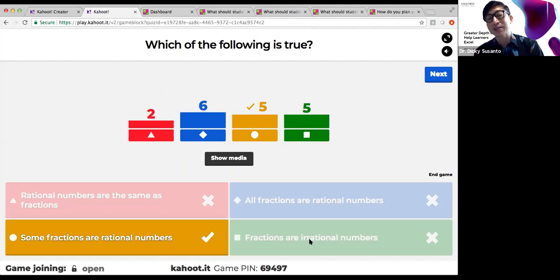That is not considered rational because square root of 5 itself is irrational, but it is still a fraction, okay? So some fractions are rational numbers, where both the numerator and denominator are integers. Okay, so I hope that clarifies your understanding of what fractions are.